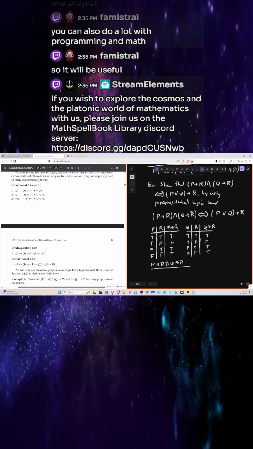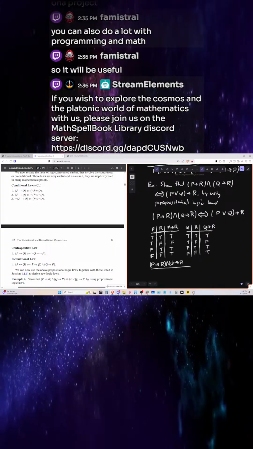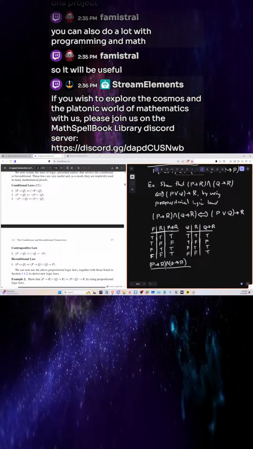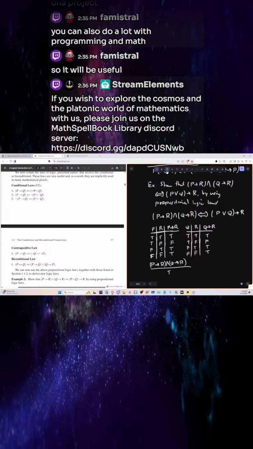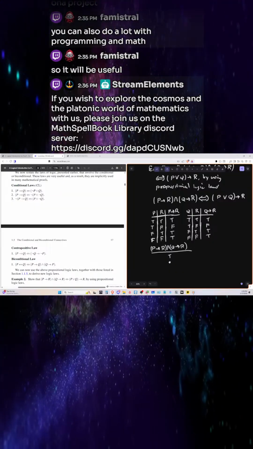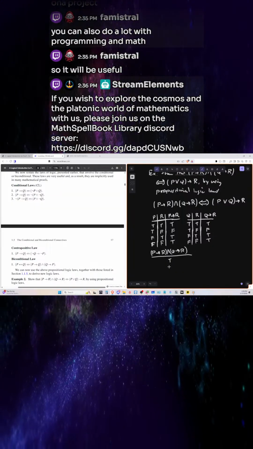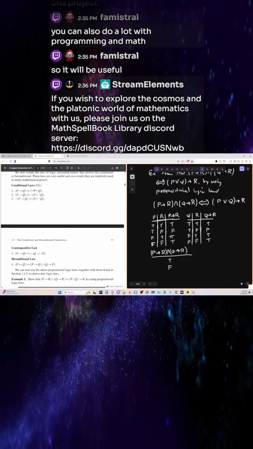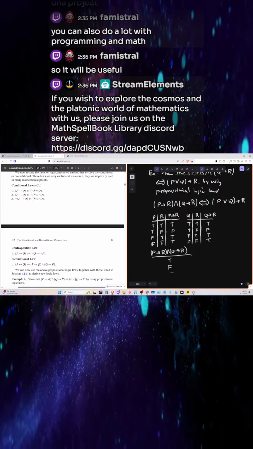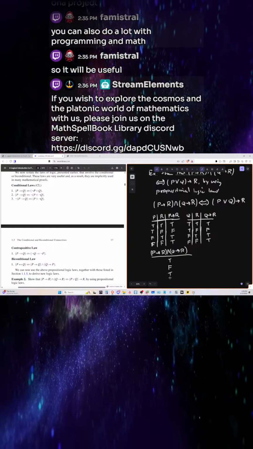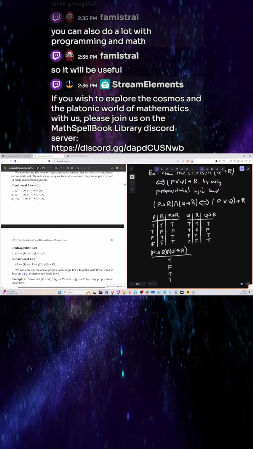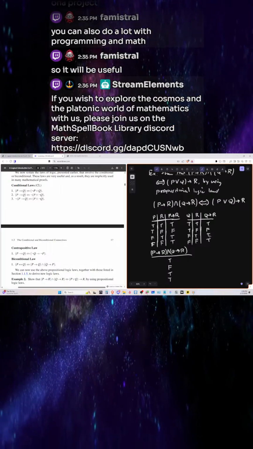Parentheses, don't forget the parentheses. If we have both of them, that would be true. And then it's an and statement, so if they're both false, then this is false. And that's true. So it means the same thing as this side.